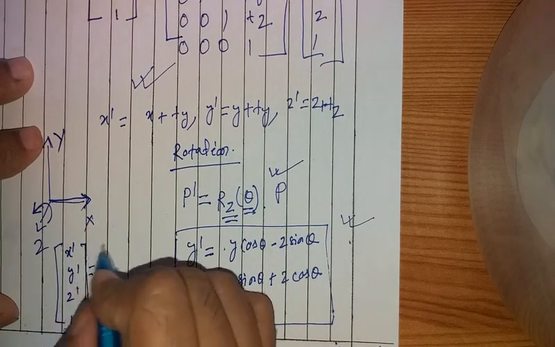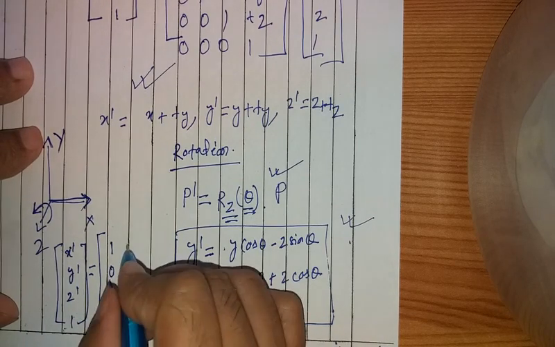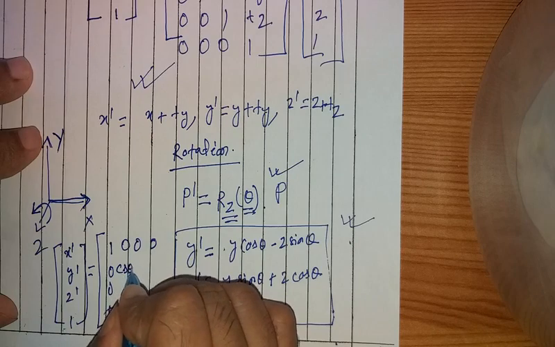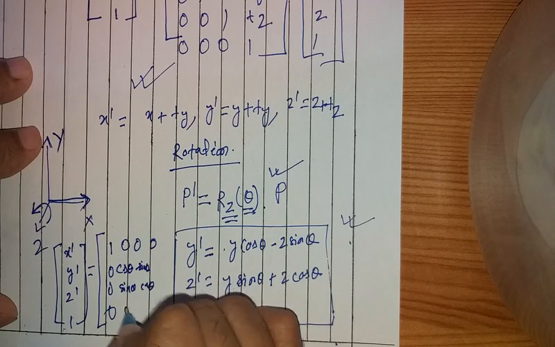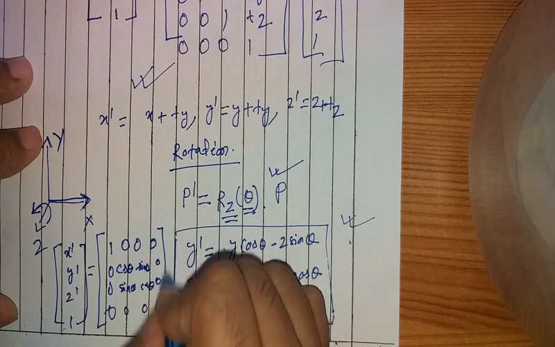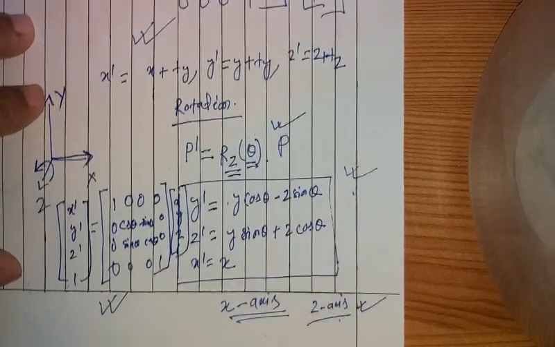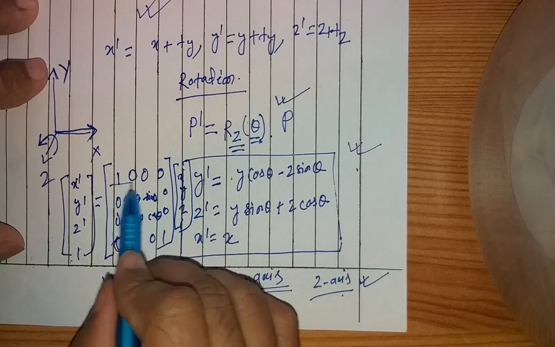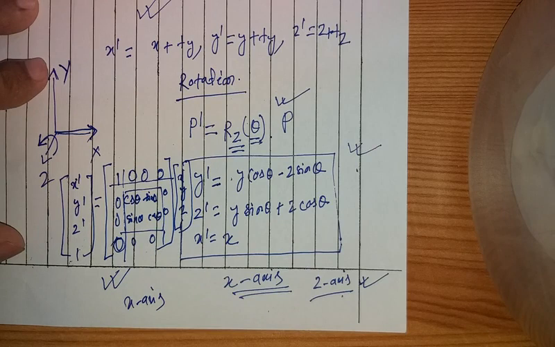Now if you rotate, you will fix this one: 1 0 0 0, then cos theta, minus sin theta, and sin theta, cos theta, 0 0 0 0 1, and this is the current coordinate. This is about x-axis. There is symmetry, right? So you can see this will be fixed, and we only change the other direction yz parameters in the matrix.